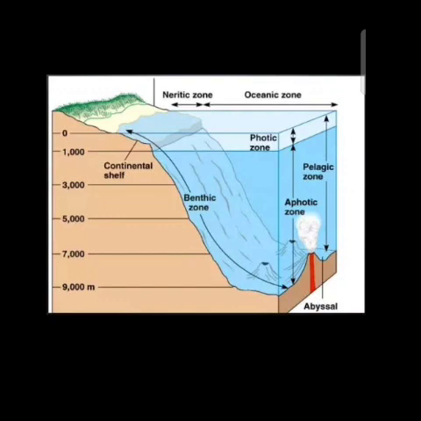It is also classified into two parts, the photic zone and the aphotic zone. The photic zone is that part of the ocean up to which the sunlight can penetrate, and beneath that, in the deeper ocean where the sunlight cannot reach, that part is known as the aphotic zone.